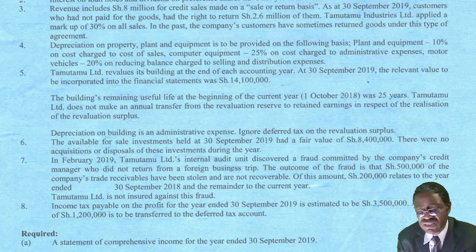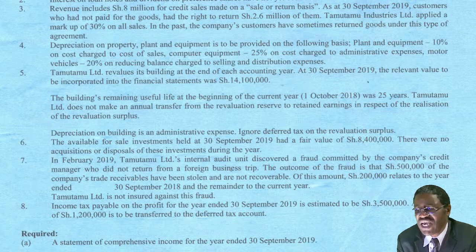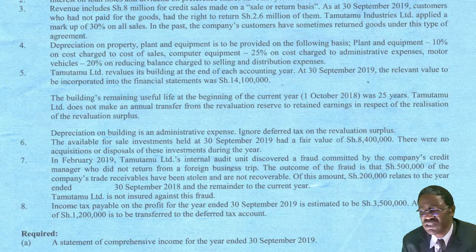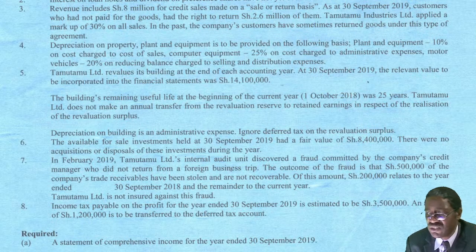Number 8, they are saying the income tax payable on the profit for the year ended 30 September 2019 was estimated to be 3.5 million. That's okay. That's what we call corporation tax or current tax.